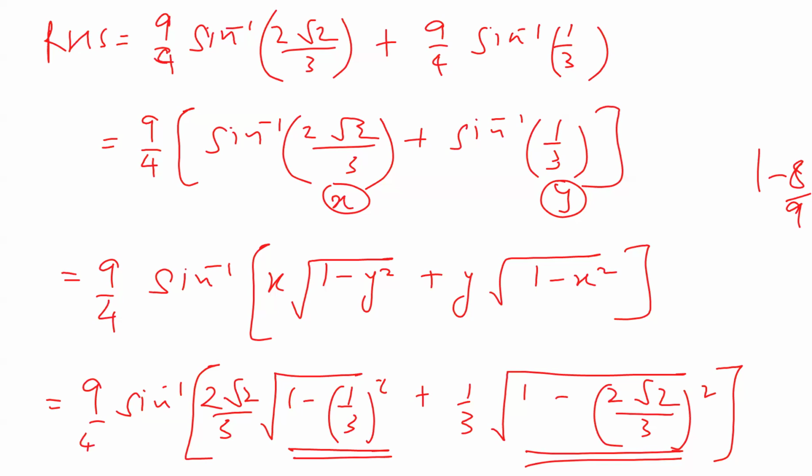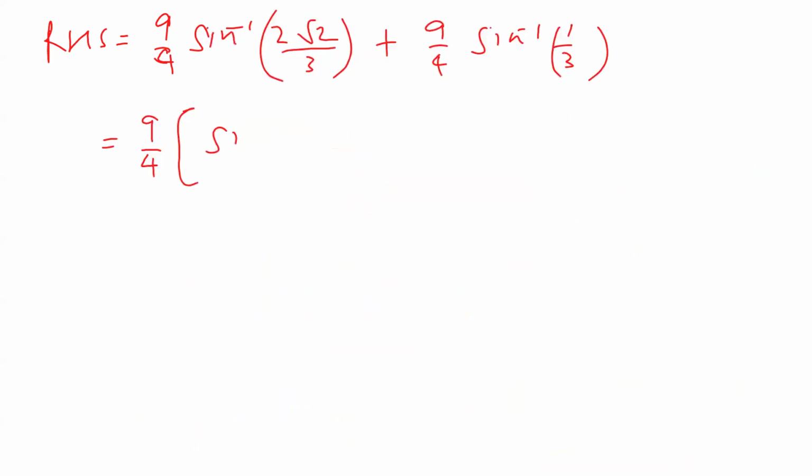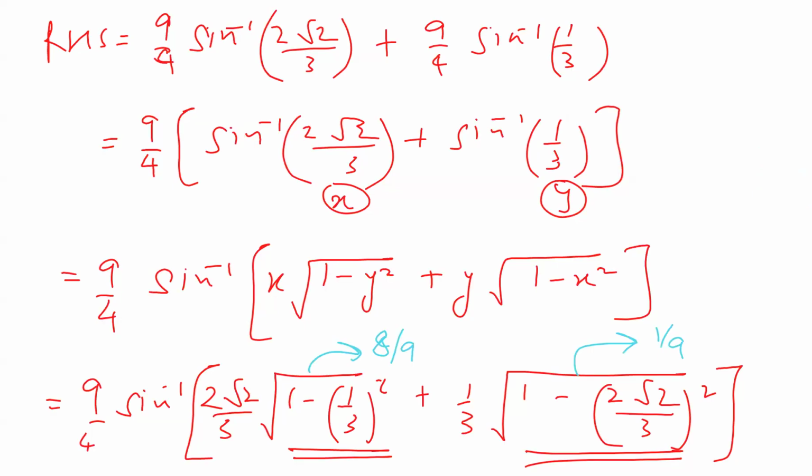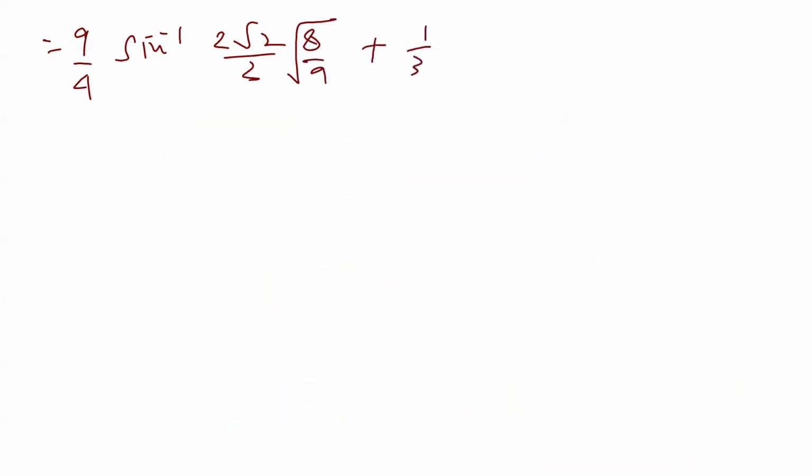Okay, so the first root value is 8 by 9 within the root, and the second root value is 1 by 9 within the root. Okay, so 9 by 4 sine inverse of 2 root 2 by 3 root 8 by 9 plus 1 by 3 root 1 by 9.